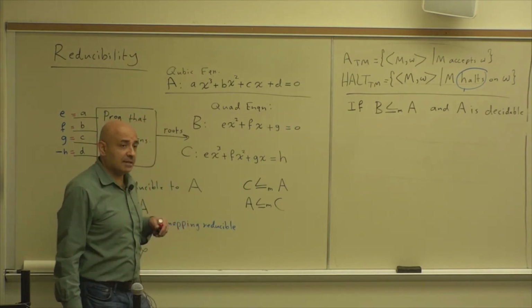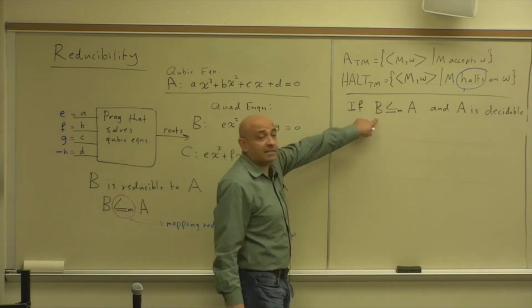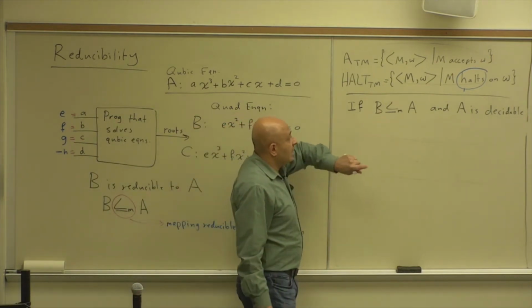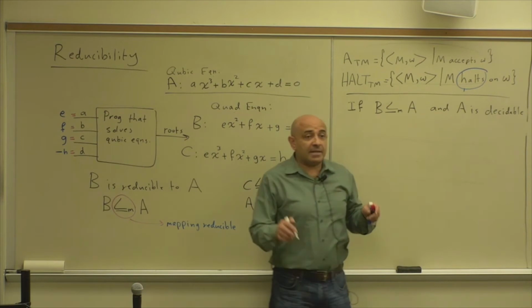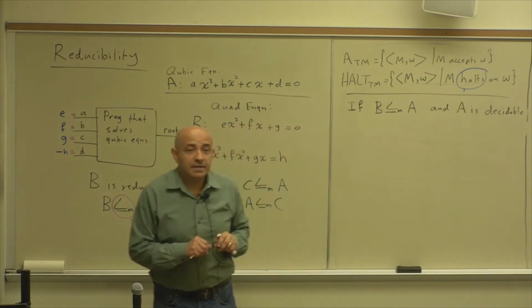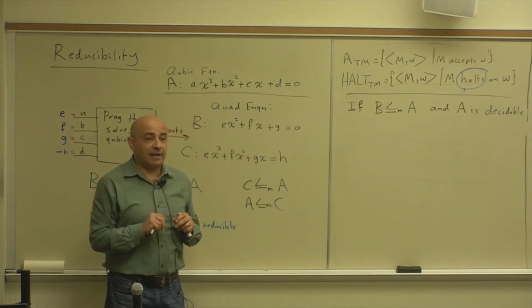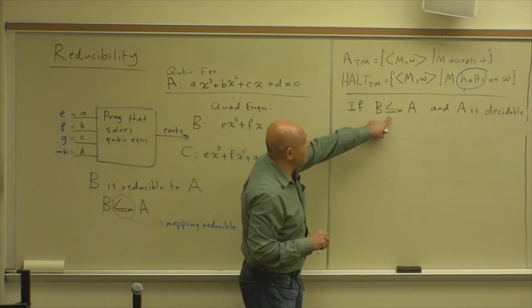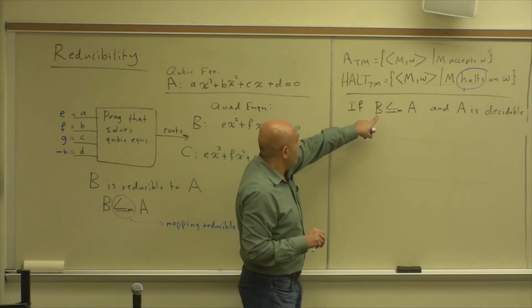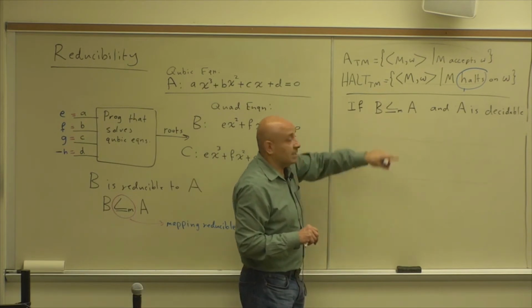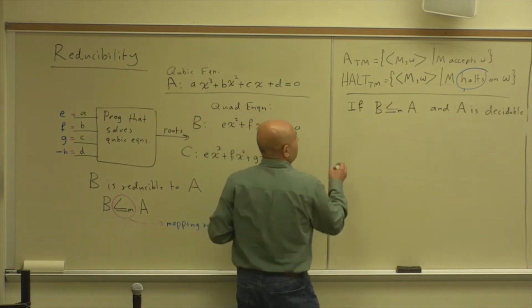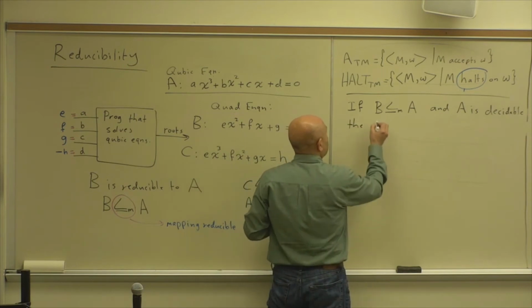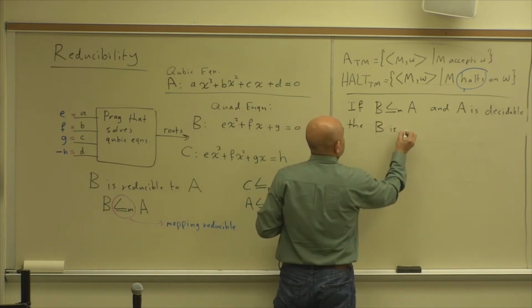B must be decidable because we can reduce any instance of B into an instance of A. So if A is decidable, it means there is an algorithm for solving A. If there is an algorithm for solving A, I can always use it to solve B, because this means that I can convert any instance of B into an instance of A. So this implies then B is decidable.